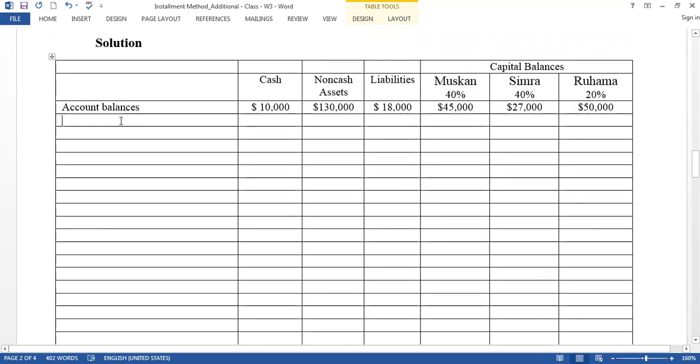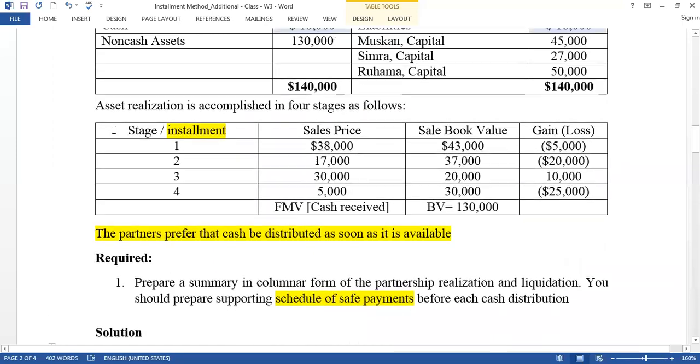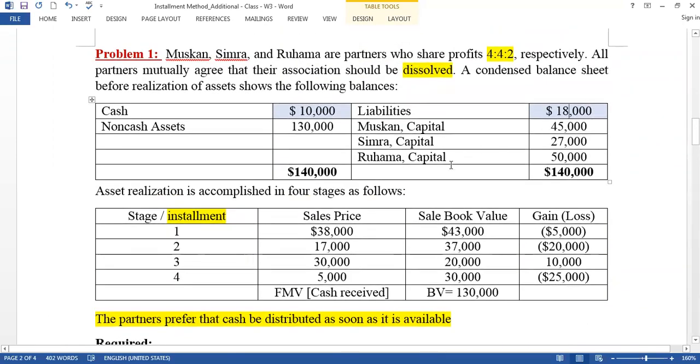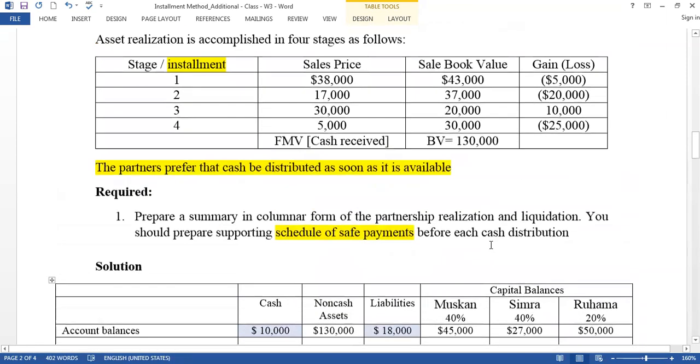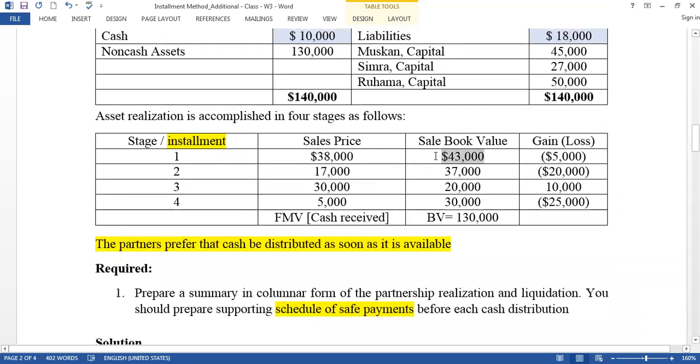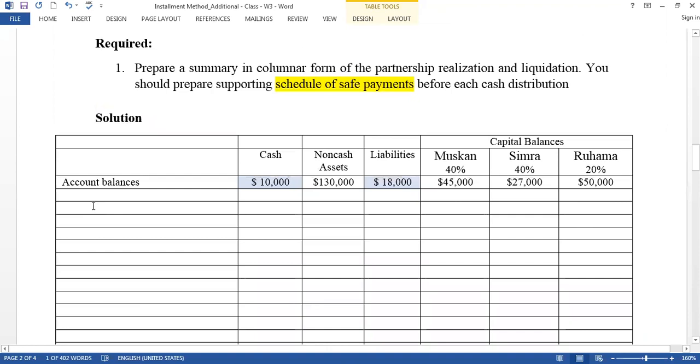So now you can see that first we have to pay our liability. Now, if we want to pay our liability, we don't have enough cash to pay the liability. So what should we do? We have to sell some of our assets, right? We have to sell some of our assets to pay the liabilities. So we are going to do this first.